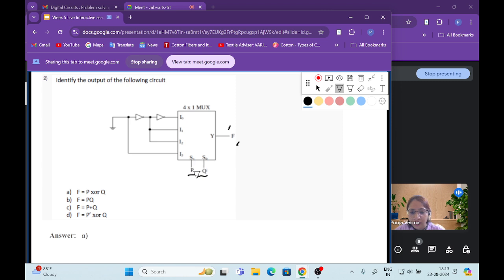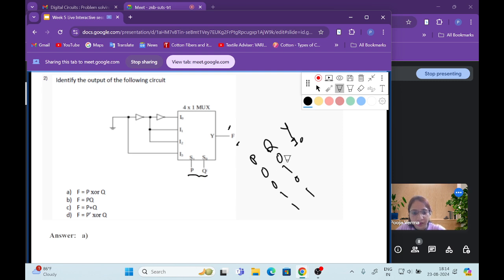From here we can select among these input lines using P and Q. How can we select? If P and Q are 0 0 (how many combinations will we need? 4, right: 0 1, 1 0 and 1 1), then we select I0, and I0 passes to the output.